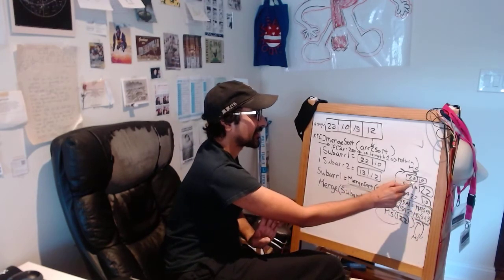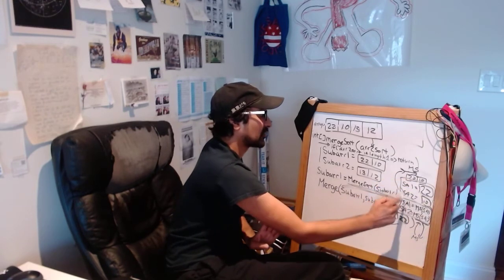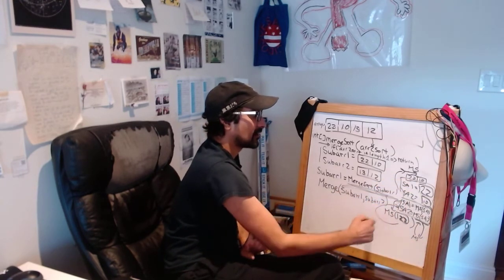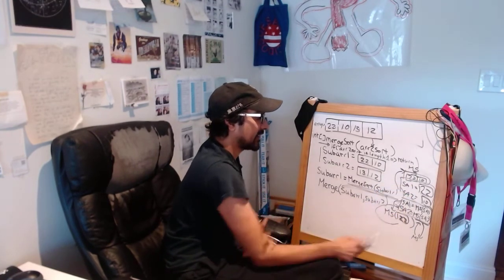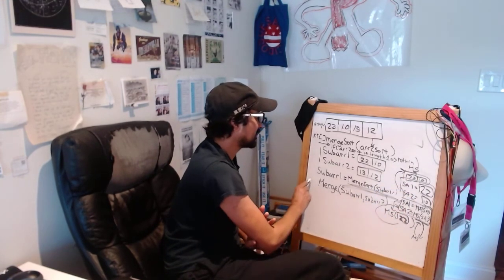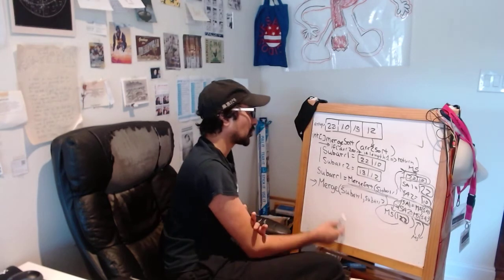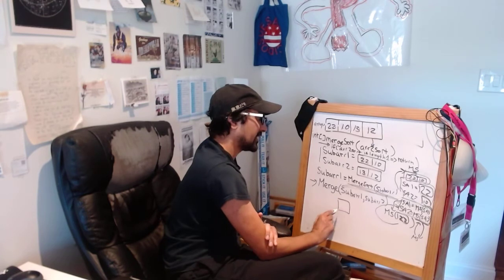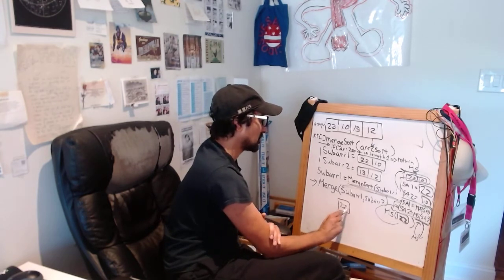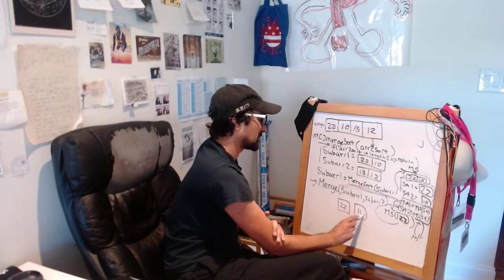This is waiting on this. This is waiting on this, right? So we're two functions in, and now this one needs to hit the merge step. Okay, so we're calling merge with subarray 1, which is 22, and subarray 2, which is 10.